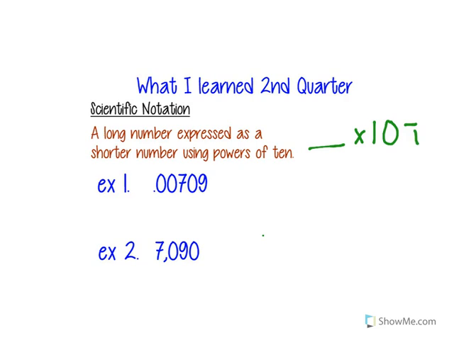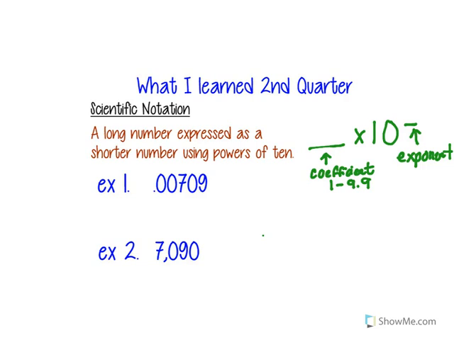When we go to write this, our exponent is going to be how many places we moved our decimal. And this is going to be our number coefficient, which has to be between 1 and 9.9.